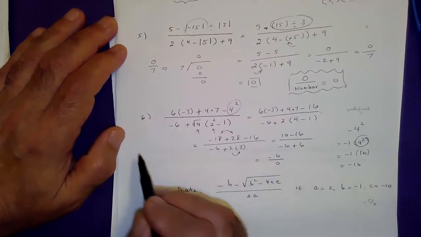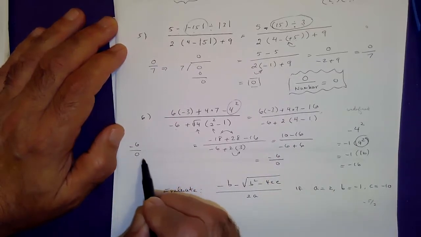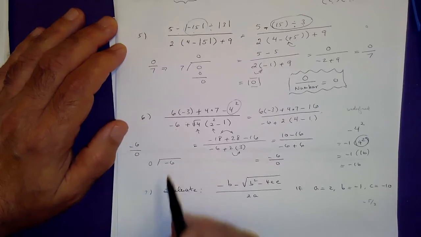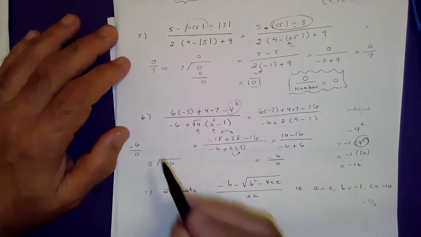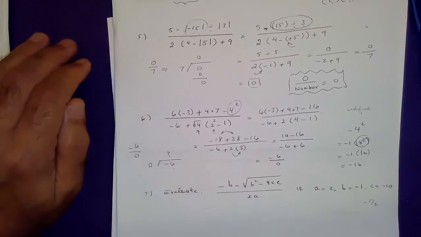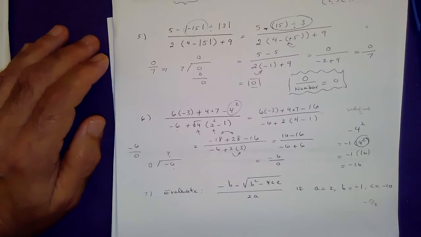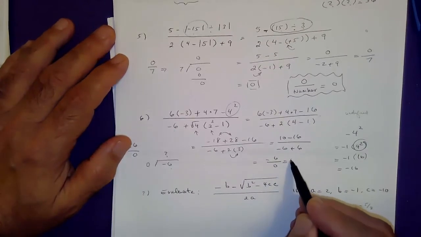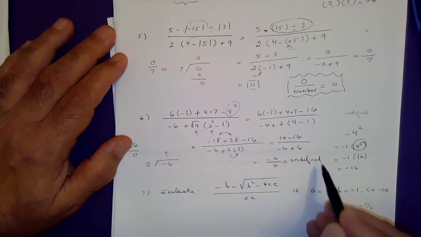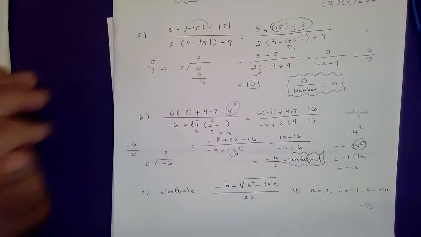Well, that just shows you when you say negative 6 divided by 0, that's like asking how many times 0 divides into negative 6. In other words, what do I multiply 0 by to get negative 6? The answer is undefined. We don't know what it is, so we write it as undefined. It is not known. There is no answer.